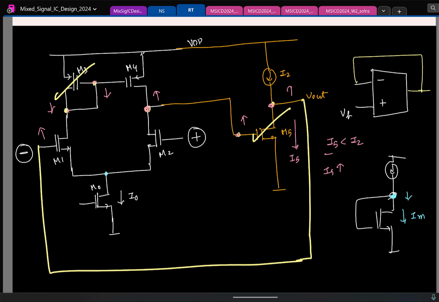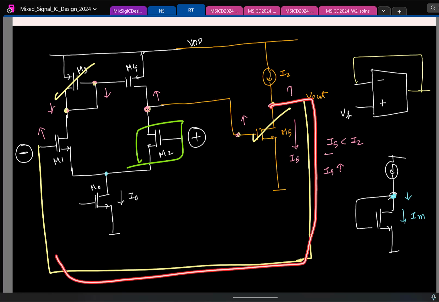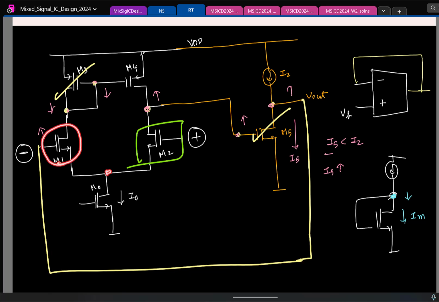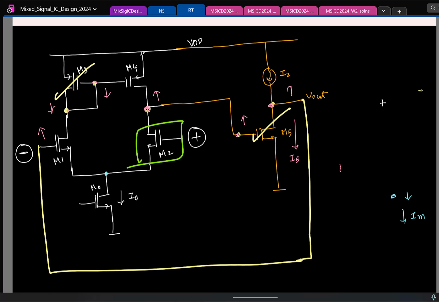And now you look at, let us say, M2 also. For M2, the drain voltage is getting sensed. That is getting amplified. The amplified signal is getting buffered and fed here. I'm sure you saw this also: you sense at the drain and you can feed at the source also.